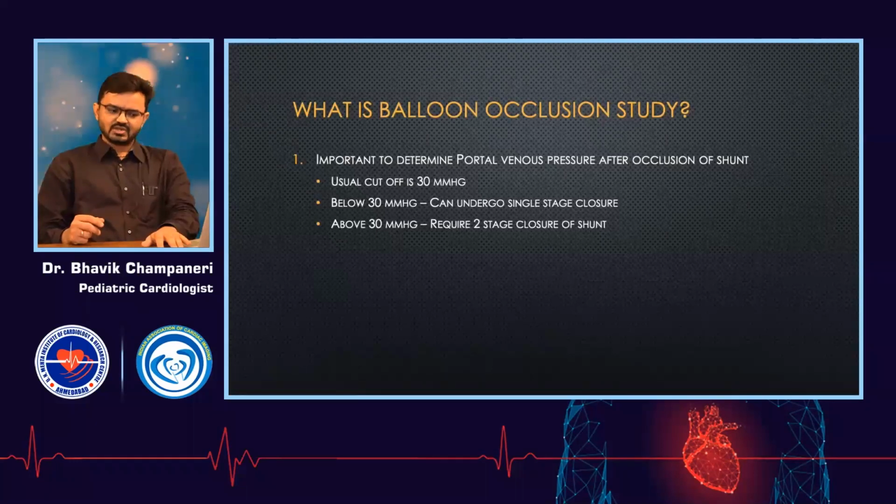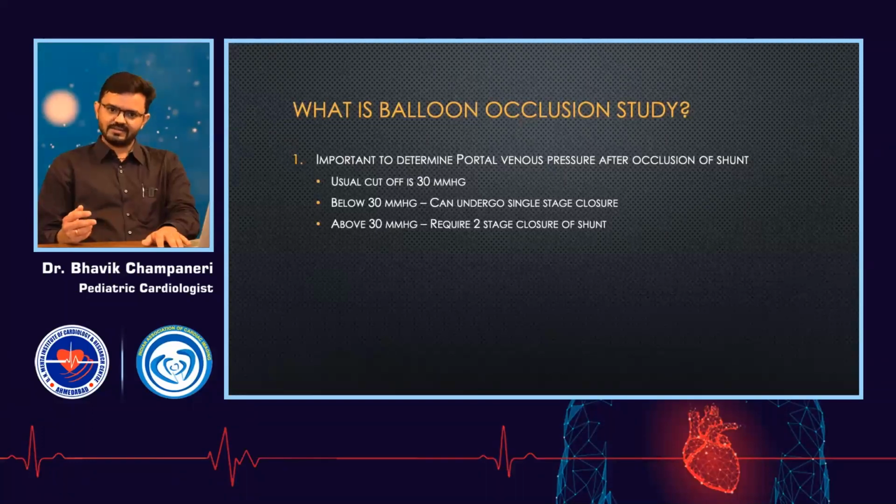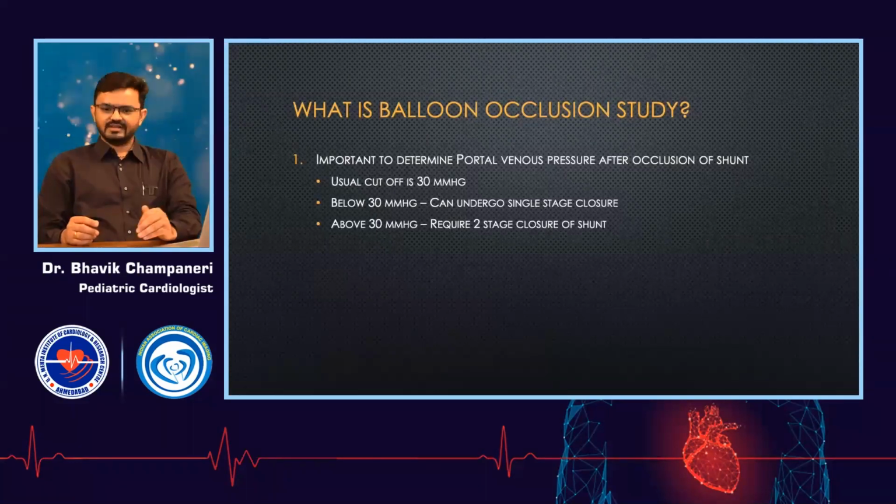So cutoff of 30 millimeter mercury is taken, and if the portal venous pressure is less than 30 millimeter of mercury after balloon occlusion of the shunt, we can go ahead and close that shunt. If the portal venous pressure is above 30 millimeter of mercury, then that's alarming and you should not close those shunts directly. Rather, you should go in a staged manner.